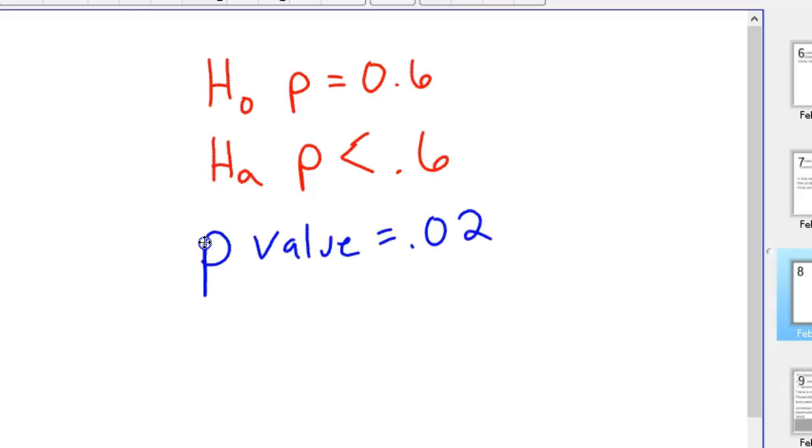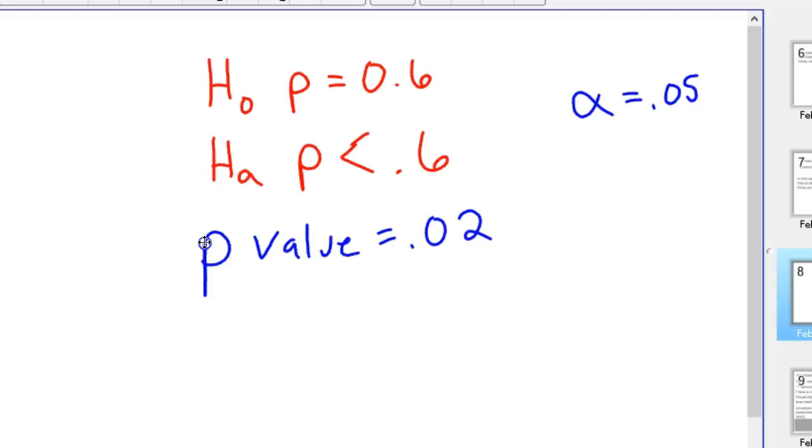So this tells us, if we chose an alpha level of 0.05, and you usually set that alpha level before you run your simulations or before you run the test itself, so you don't just set an alpha level based on the p-value.